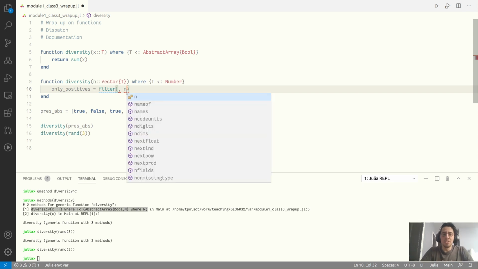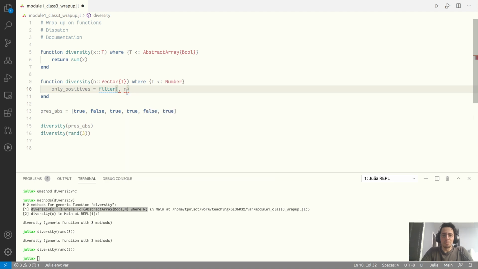So we are going to be filtering the value of n. We are going to define here a function that is only within a single line, a one-liner function. It's going to take a value v, and then tell us if v is larger than 0.